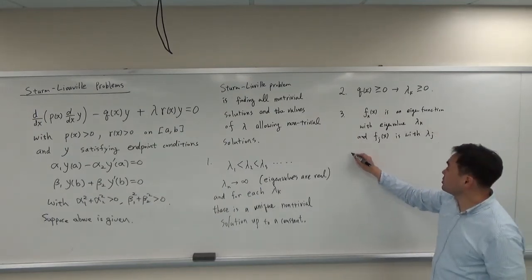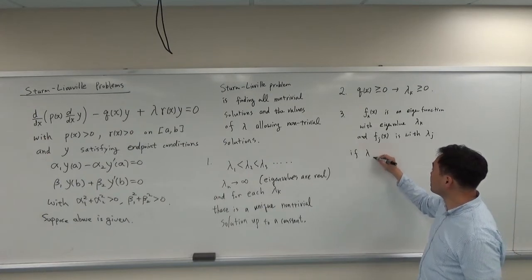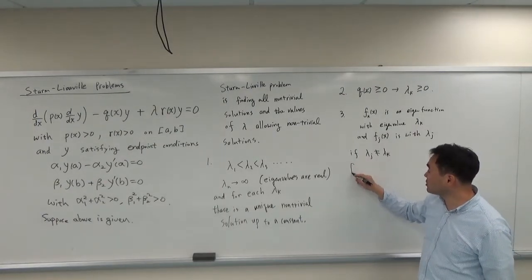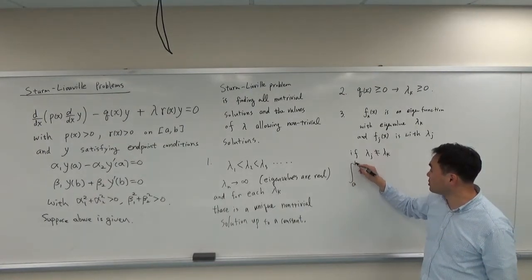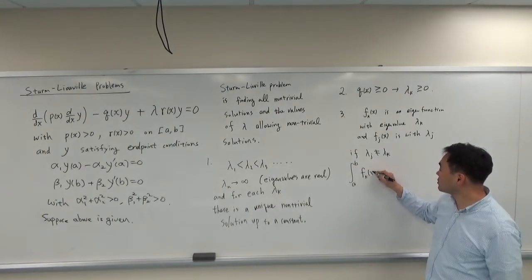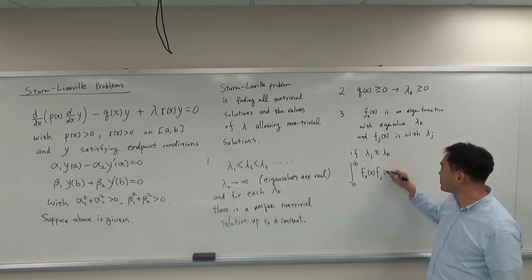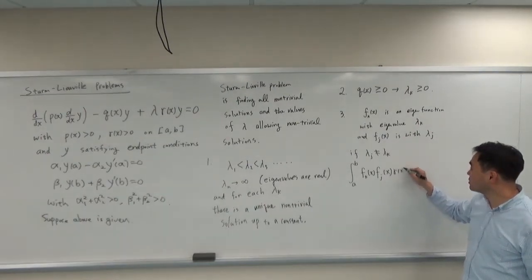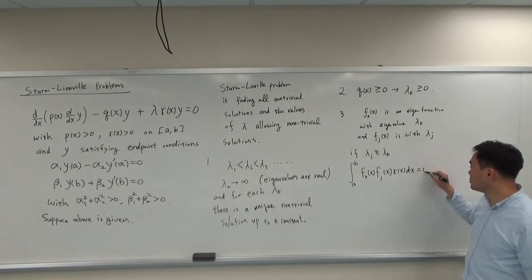And if lambda j is different from lambda k, there's the orthogonality relation which says integration from a to b of f_k(x) f_j(x) times r(x) dx would be 0.